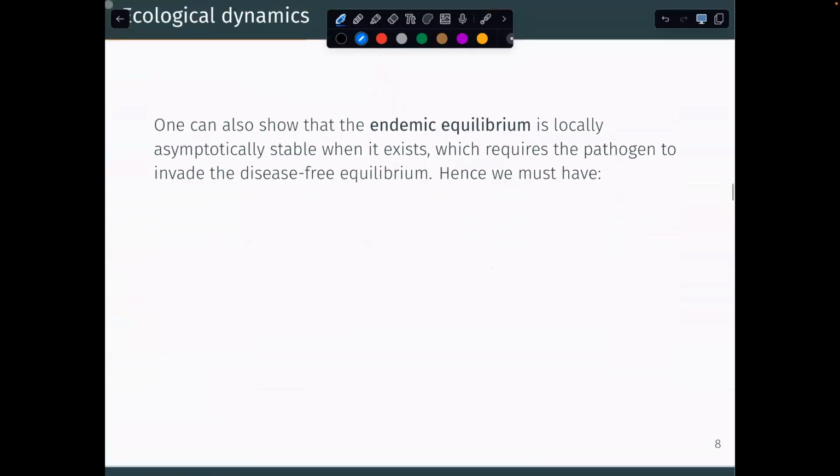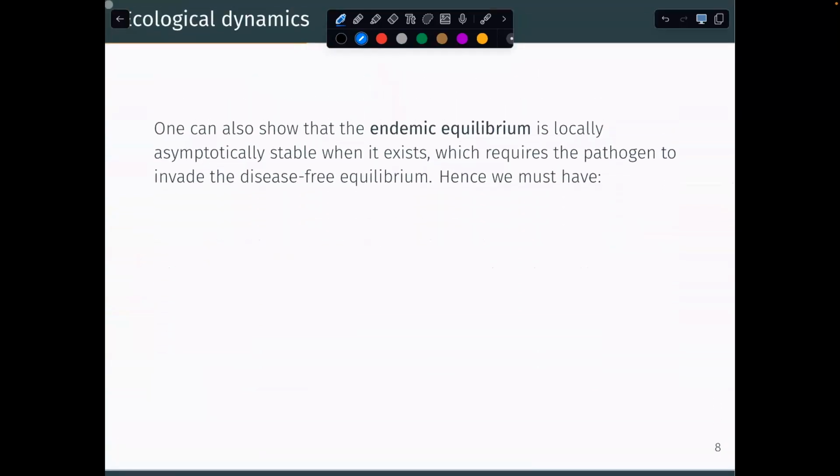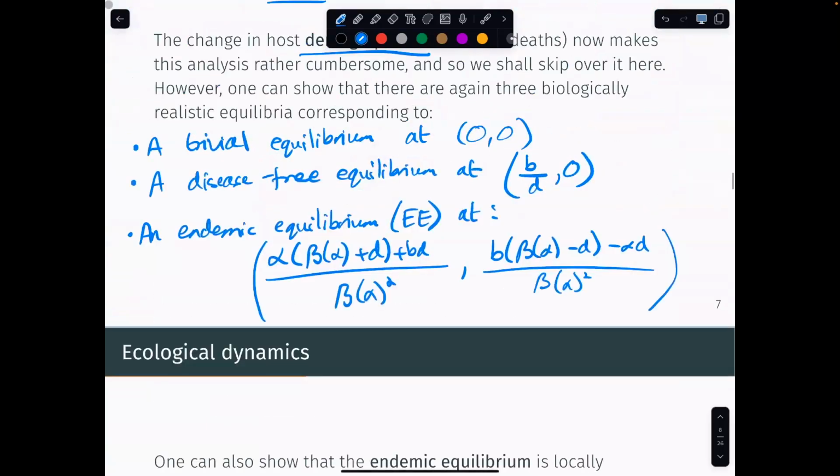It's also possible to show that when our pathogen is viable, in other words, when our R0 is greater than 1, our endemic equilibrium is locally asymptotically stable. Here, obviously, one needs to consider a condition that makes this viable.